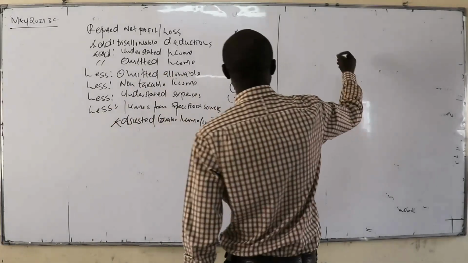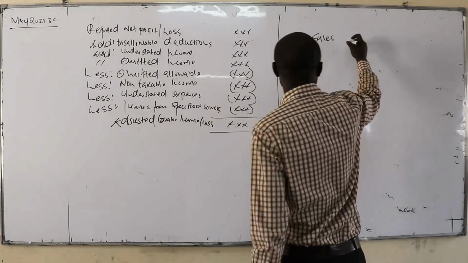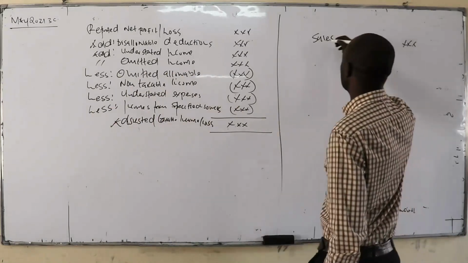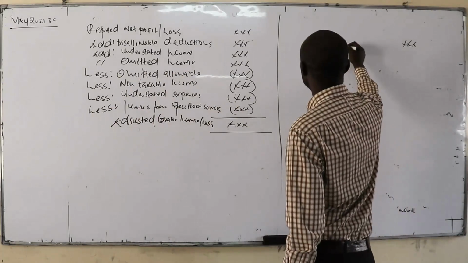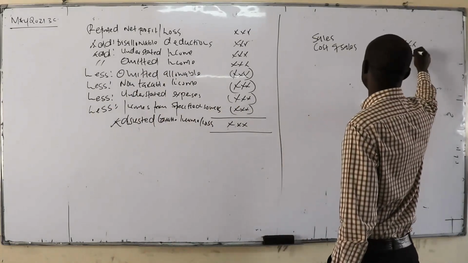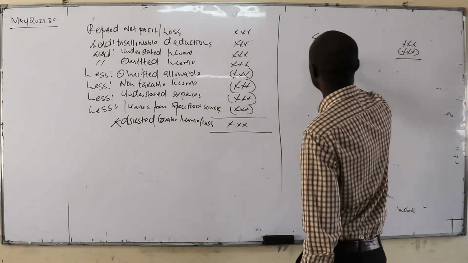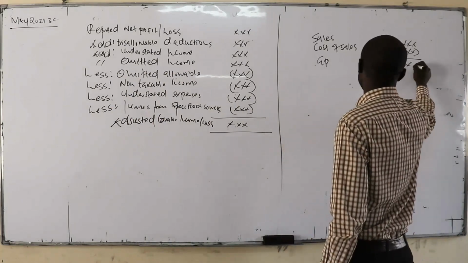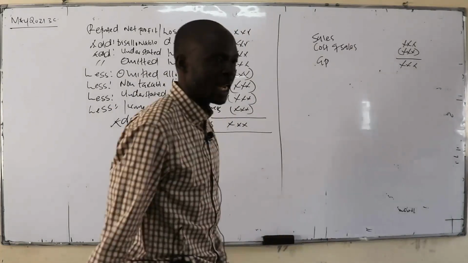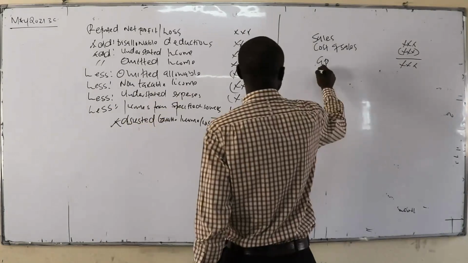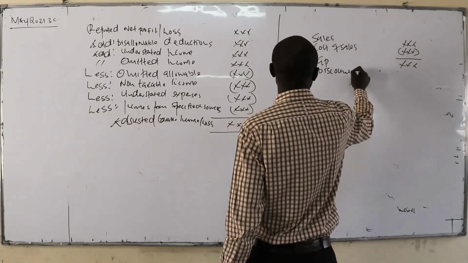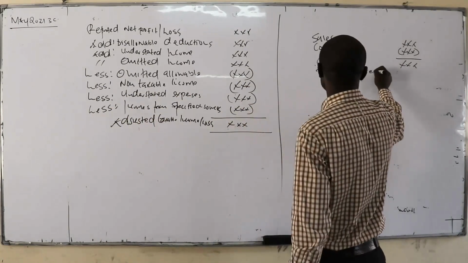So that one, you'll come here and compute. You start by computing sales, taking sales and then cost of sales. From those details given, you less cost of sales from sales and you get the gross profit. And then you identify other business incomes like discount received, and you add them here.